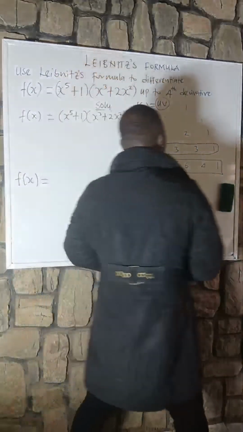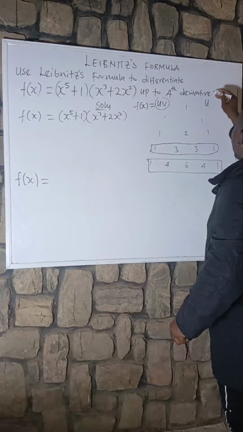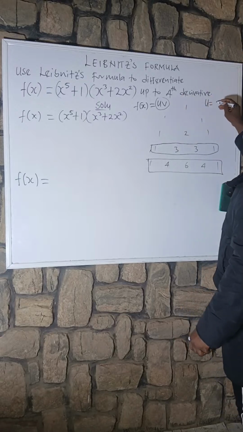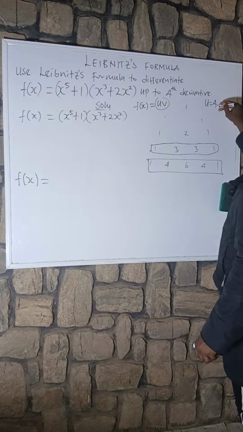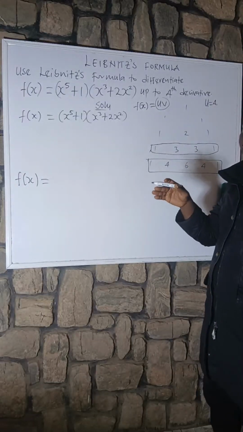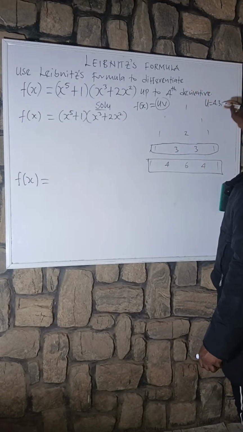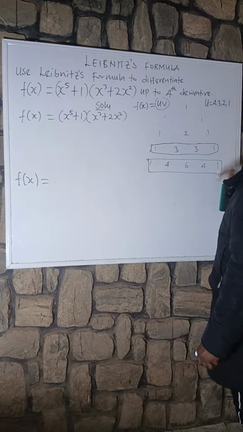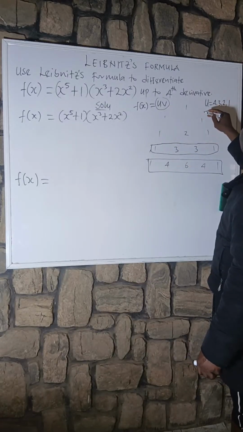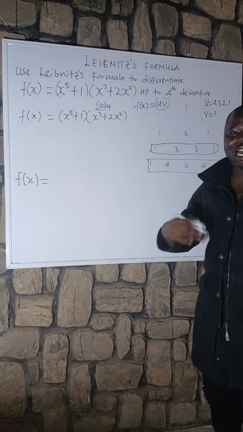It means the power of u will start from the highest power, which is 4. Then it will now decrease to 3, 2, and 1. Then v will now start from the power 1 to the highest.